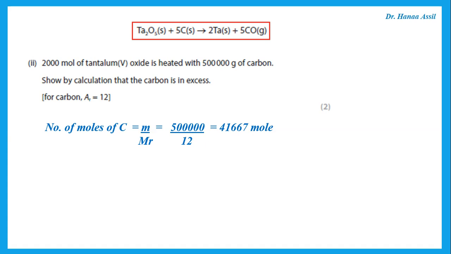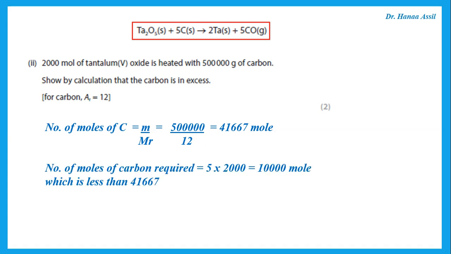The number of moles of carbon should be 5 times that of the tantalum. So number of moles of carbon that we need is 5 times the 2000. So actually we need only 10,000. What do we have? We have 41,000. That is more than needed, and that is why we say carbon is in excess.